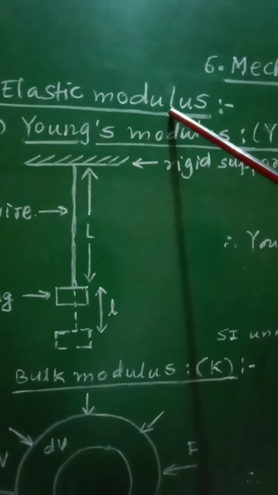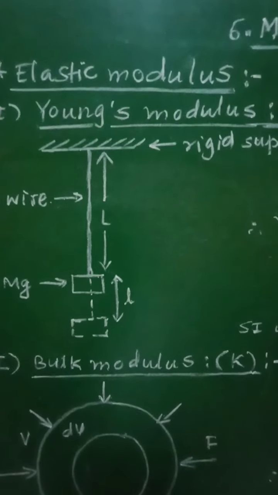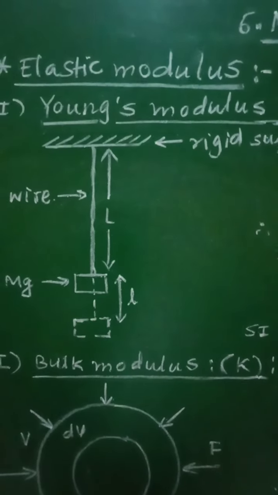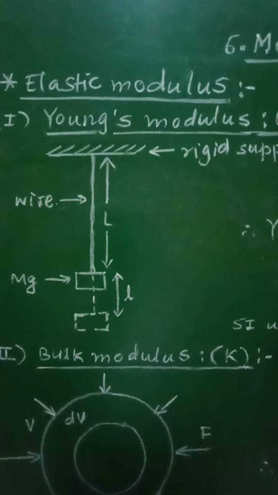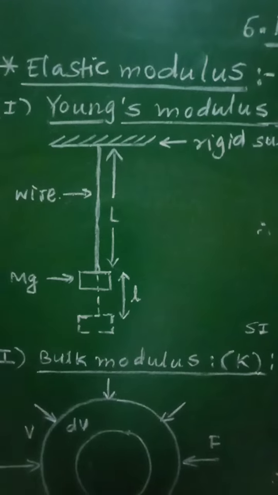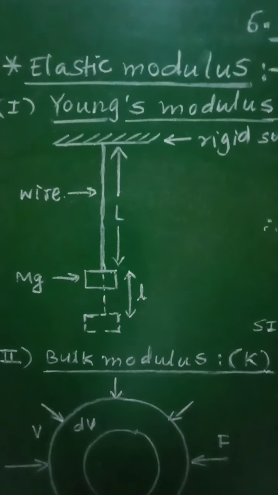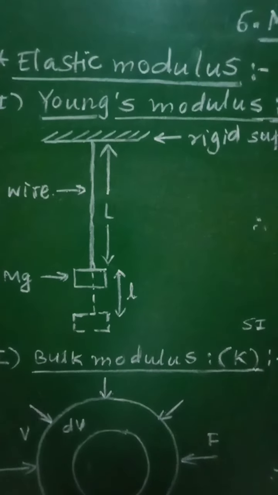Elastic modulus. We know that there are three different types of stress as well as strain depending upon the change in length, change in volume, or change in shape of the body due to the application of the deforming force or externally applied force.